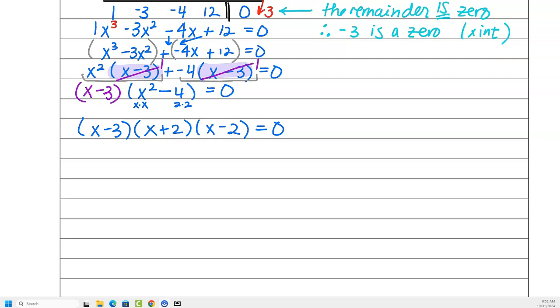Now, if they are asking me to find the remaining factors, guess what? Those would be the remaining factors.